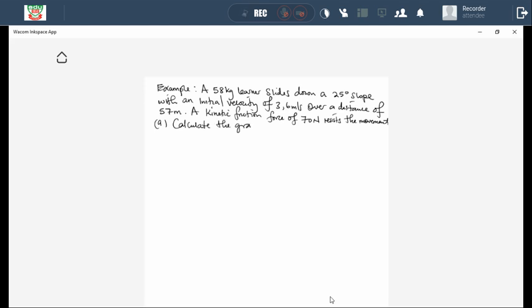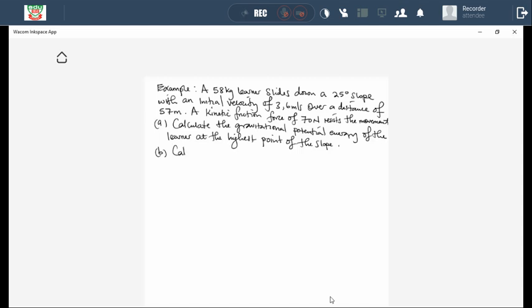Calculate the gravitational potential energy of the learner at the highest point of the slope. This one is very simple.